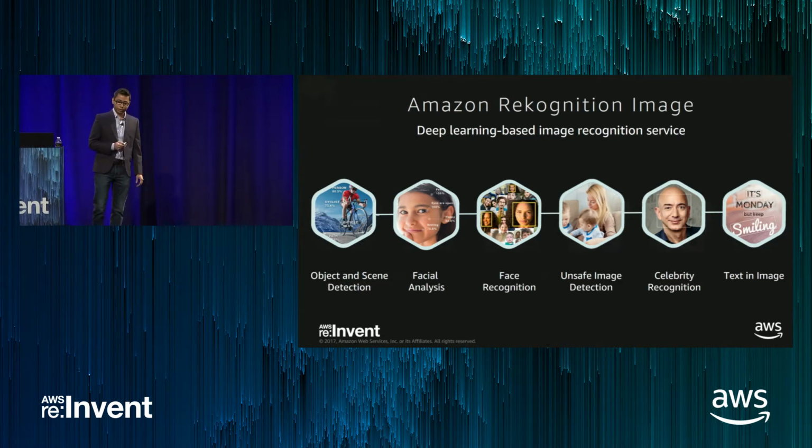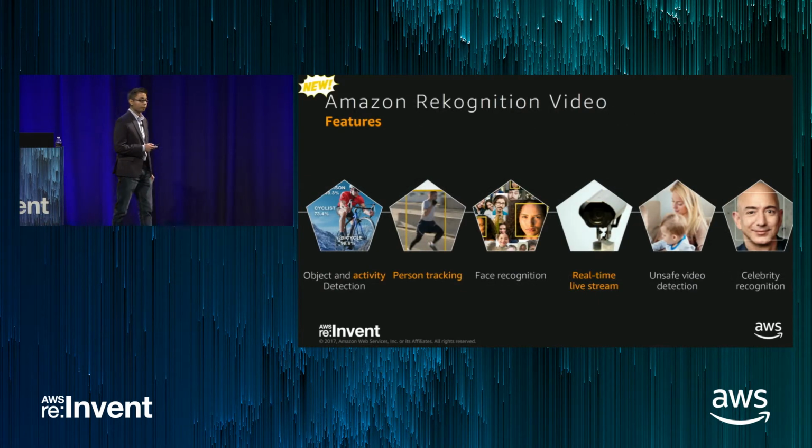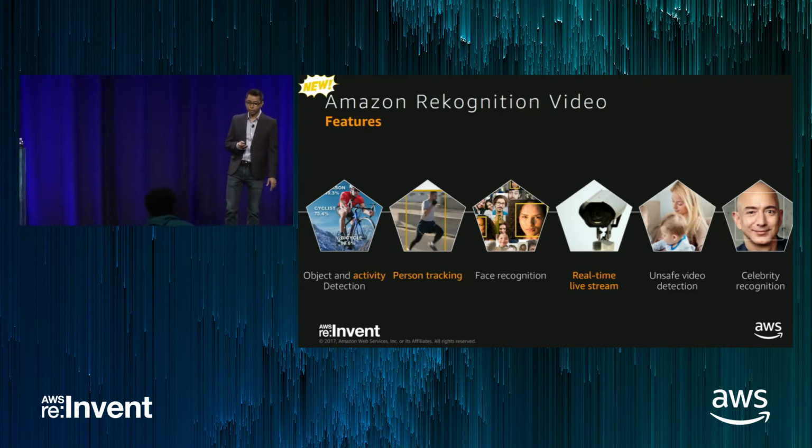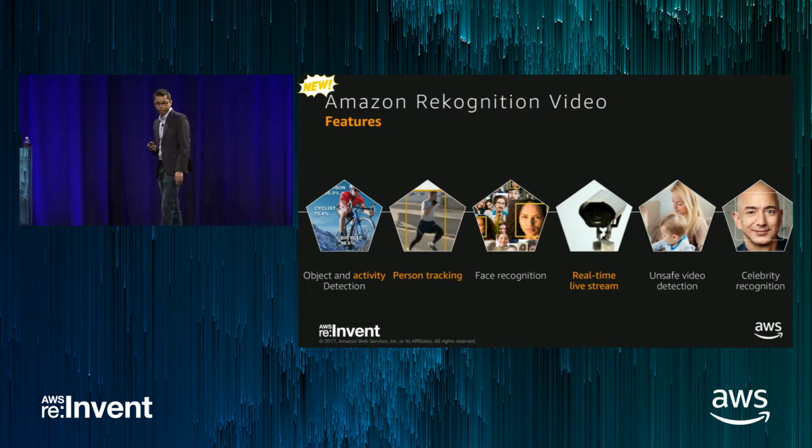So yesterday, as I mentioned, we launched Amazon Rekognition Video. Besides giving you some of the features that you just saw with Amazon Rekognition Image, which is object and scene detection, facial detection, celebrity recognition, and unsafe video detection, I would like to call out a couple of things that we have added to the video analysis, which is pretty different.